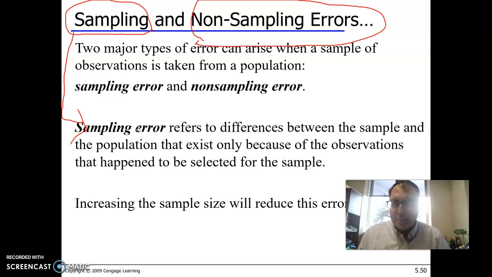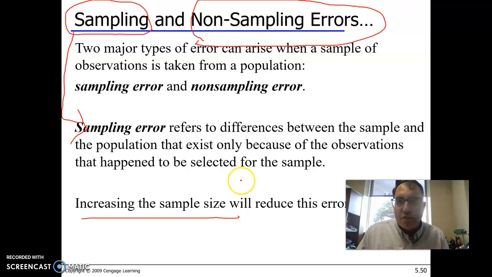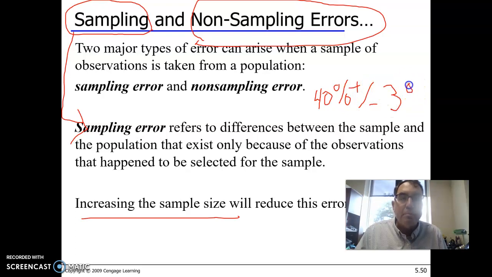Can't really eliminate sampling error. You can decrease it by increasing the sample size, but there's always going to be some error, some margin of error. If you've ever heard like, hey, we think the popularity rating of the president is 40%, and maybe you see plus or minus 3%, that is the statistician trying to account for sampling error, right?